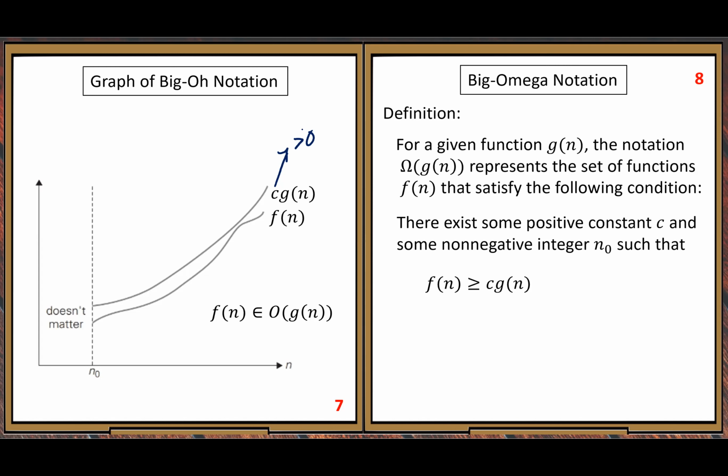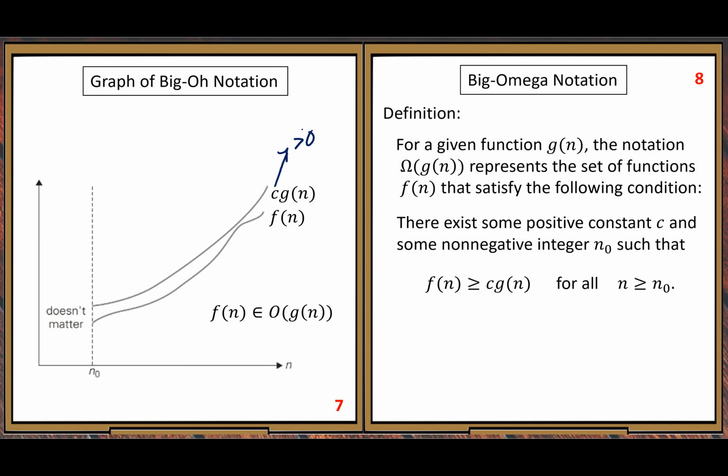What kind of lower bound? A positive constant c multiple of g of n function. That is the lower bound form, when n is greater or equal to n0. When that is true, we have big omega notation.